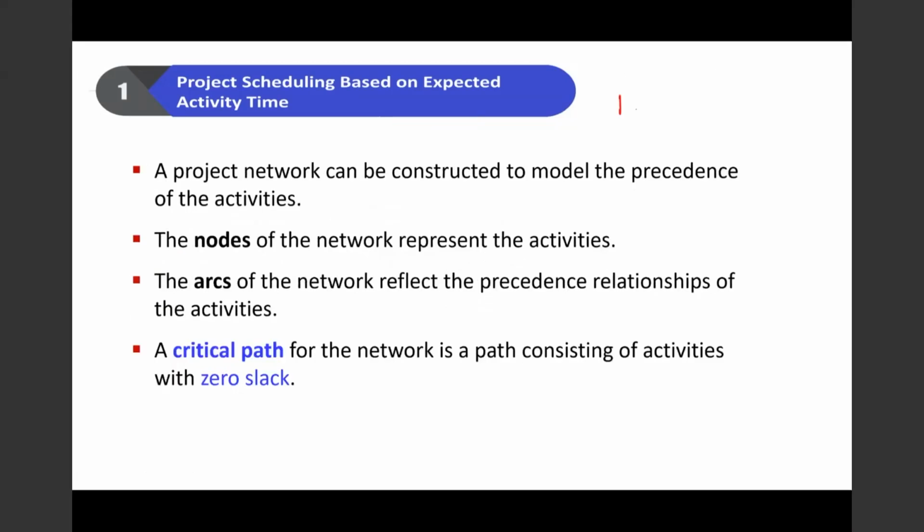We have activity, and we also have another type of network. What is this first one called? What type of network is the first one? Can you all still remember?